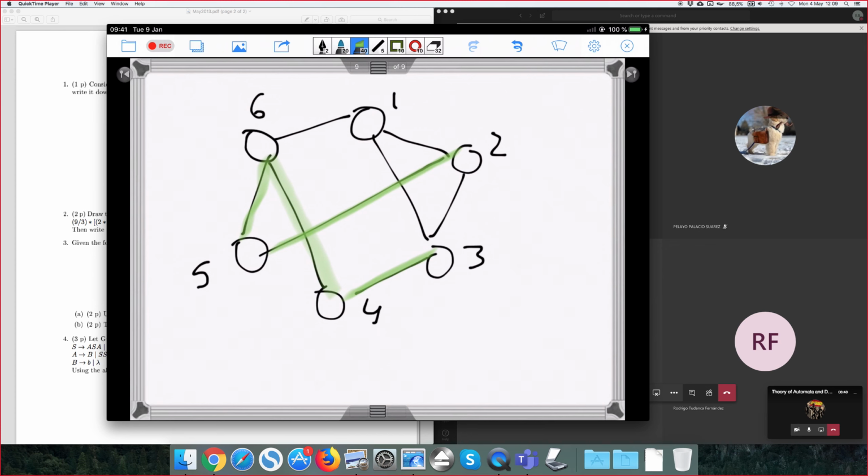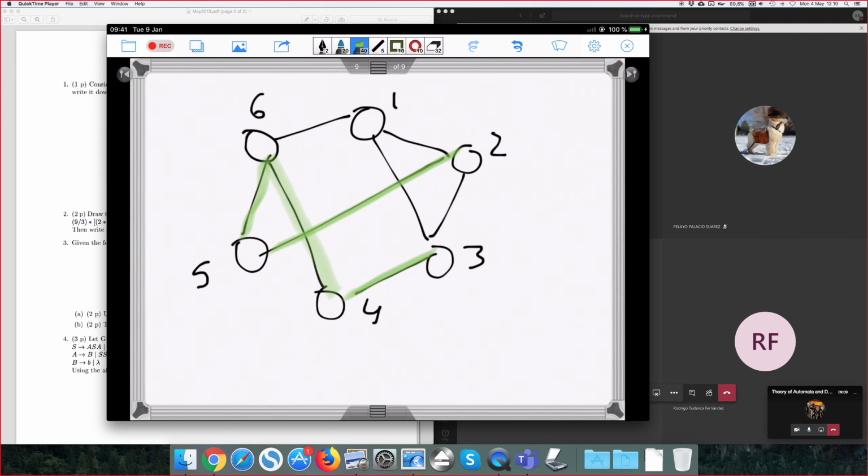If I have a cycle, I need to go to 4 and go out of 4, and for that I need to use the 2 edges that I have in 4. So these edges must be used in any cycle in this graph.